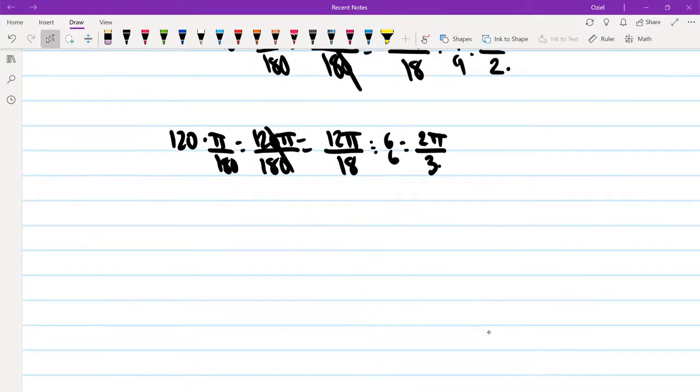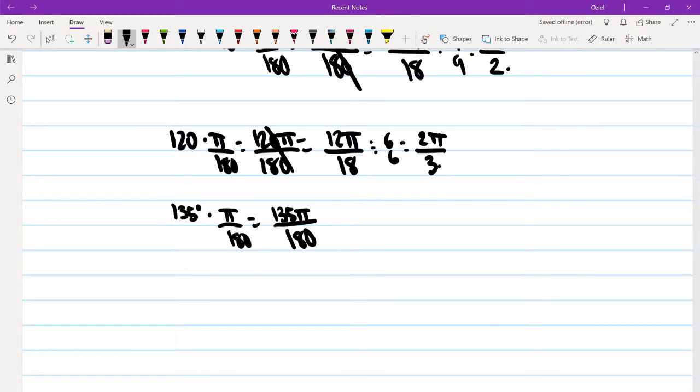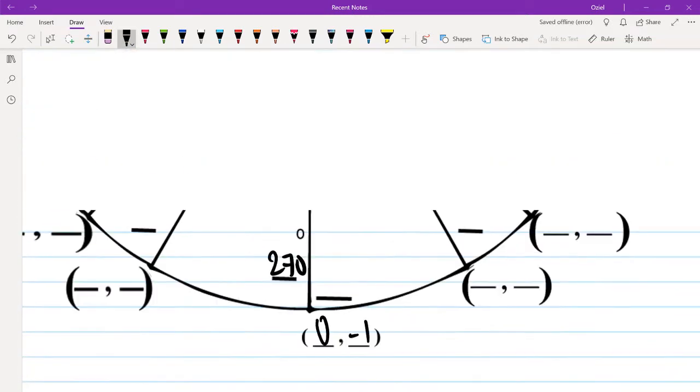And then 135, you would do 135 degrees times pi over 180, and you would have 135 pi over 180. If you try to simplify that, I think it would be 3 pi over 4, if I'm not mistaken.